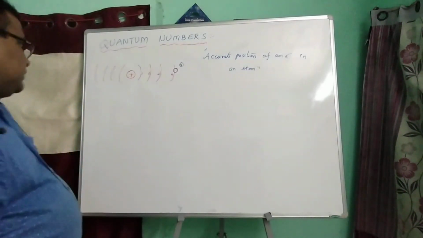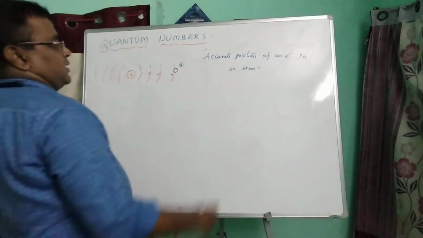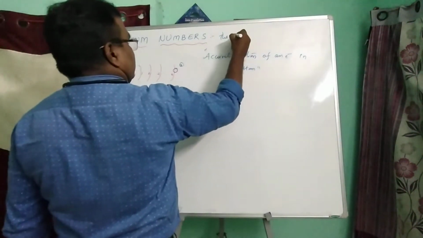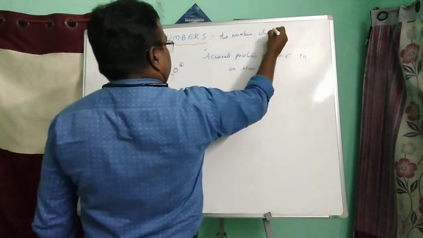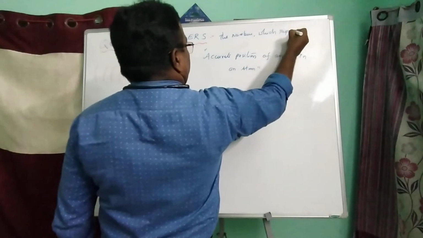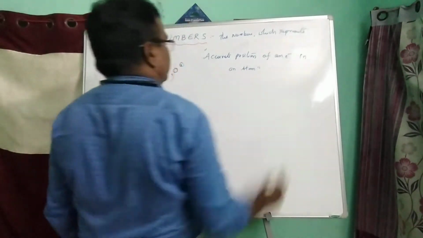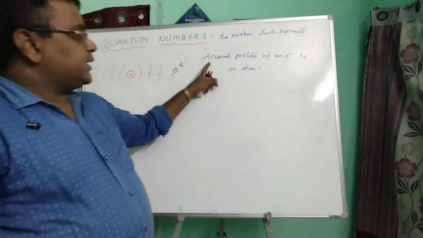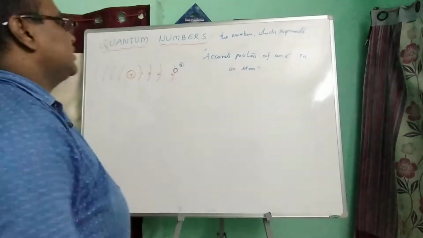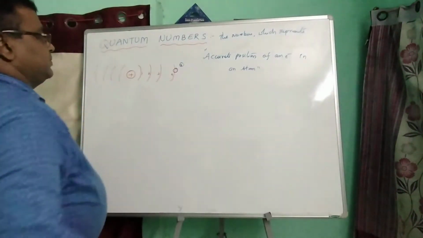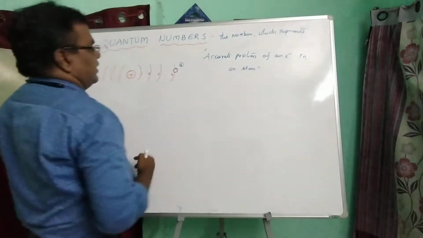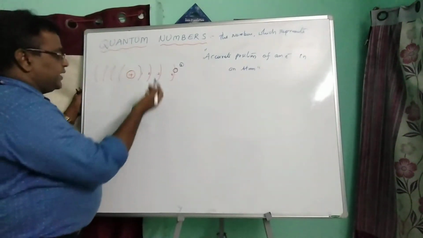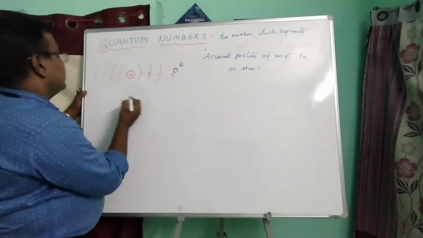Define quantum numbers: the numbers which represent the accurate position of an electron in an atom are known as quantum numbers. To find out the accurate position of an electron in an atom, scientists proposed 4 quantum numbers.